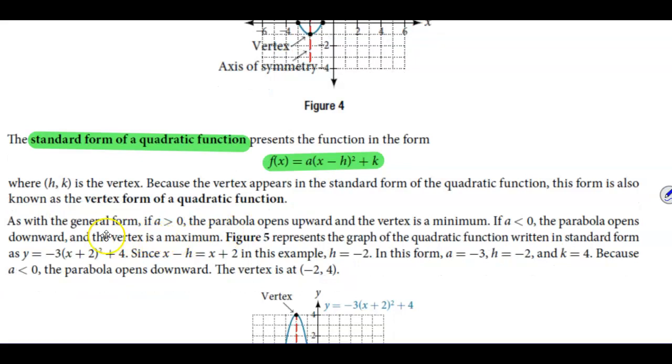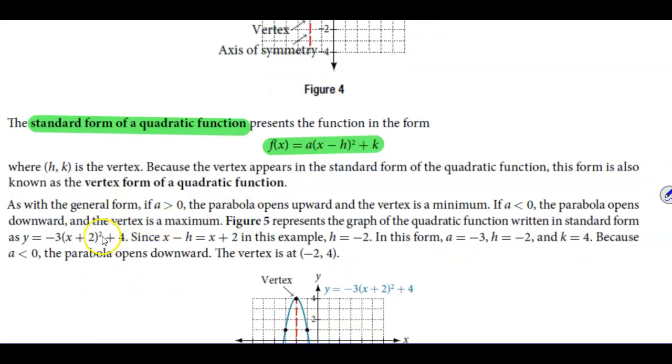As with the general form, if the value of a is greater than 0, then the parabola is going to open up, and the vertex is the minimum. If the value of a is less than 0, then the parabola opens downward, and therefore the vertex is a maximum.